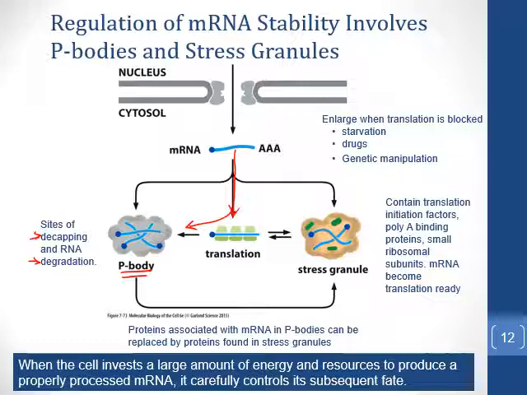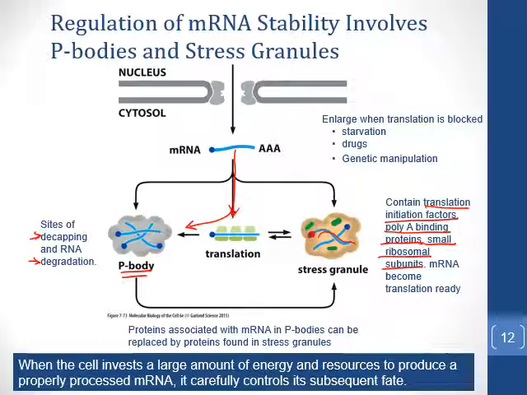Now look at what stress granules contain. They contain mRNA. You can see the mRNA here, with its cap on it. But they also contain translation initiation factors, poly-A binding proteins, and small ribosomal subunits.